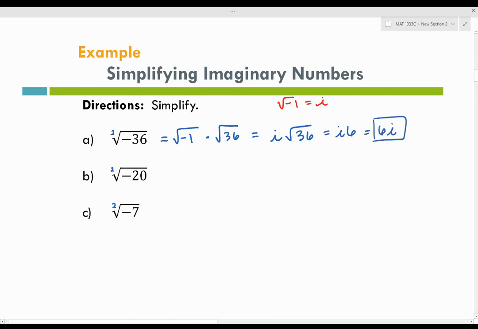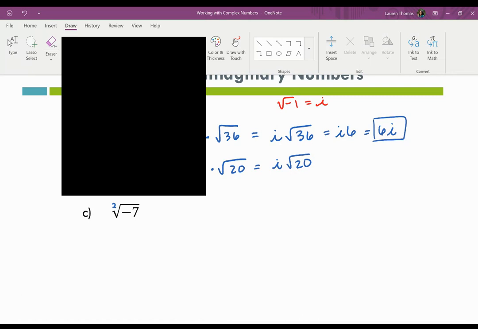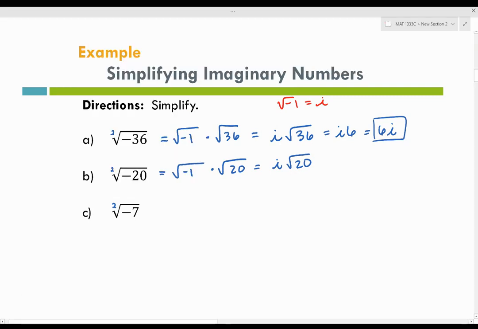Okay? Let's try the second one. So I'm going to split the negative part from the positive part. The square root of -1 becomes i. And the square root of 20 is going to remain. The square root of 20, that's not a perfect square, so we're going to have to break it down. If you guys remember, we broke down radicals using primes. So we can break down 20 as 2 times 10, 2 times 2 times 5.